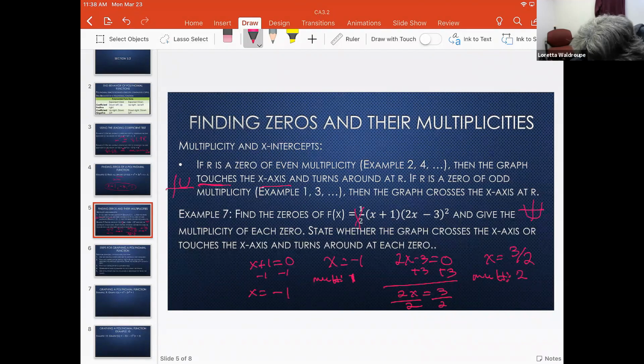So the multiplicity for the 2x minus 3 is 2. Odd multiplicity crosses. Even multiplicity will touch and turn. Questions?